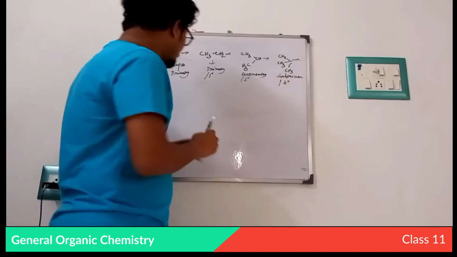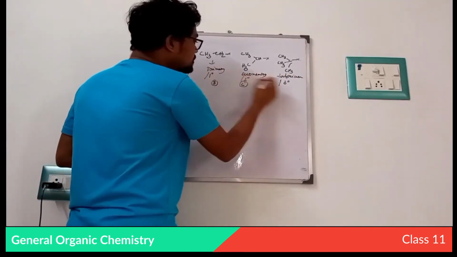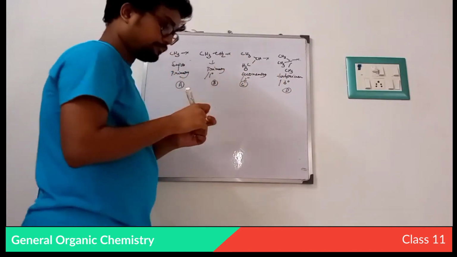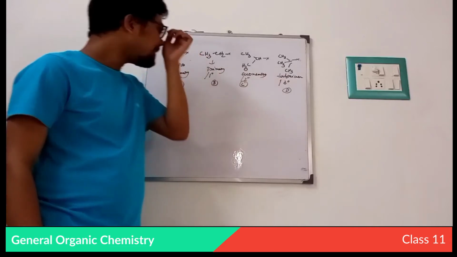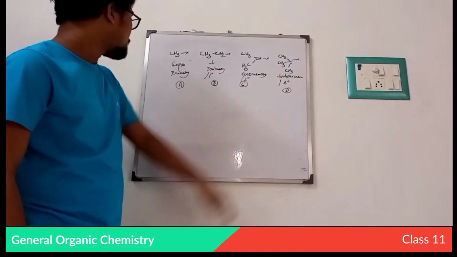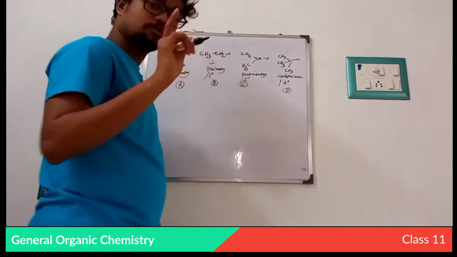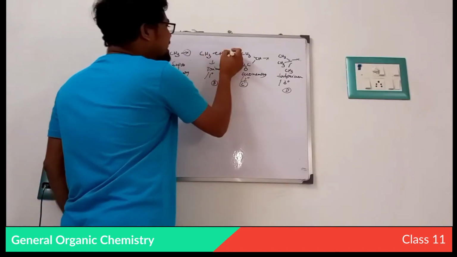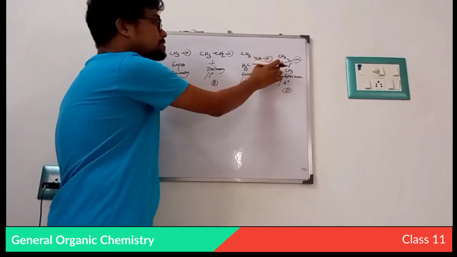Now if I mark these as A, B, C, D, and I ask you what is the order of the plus I effect, look very carefully: all the X are the same, but the difference is the CH3 group.